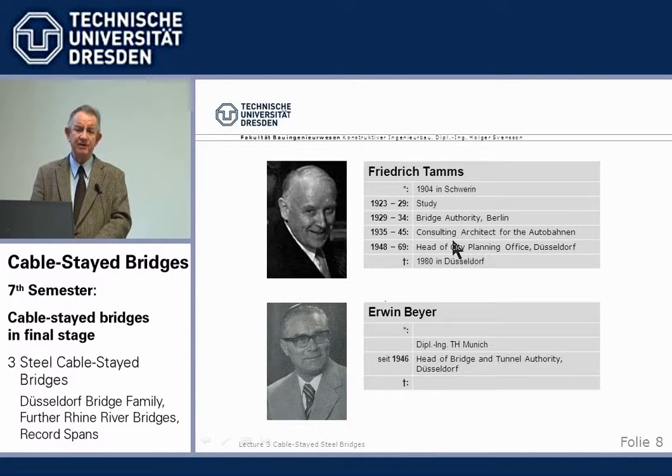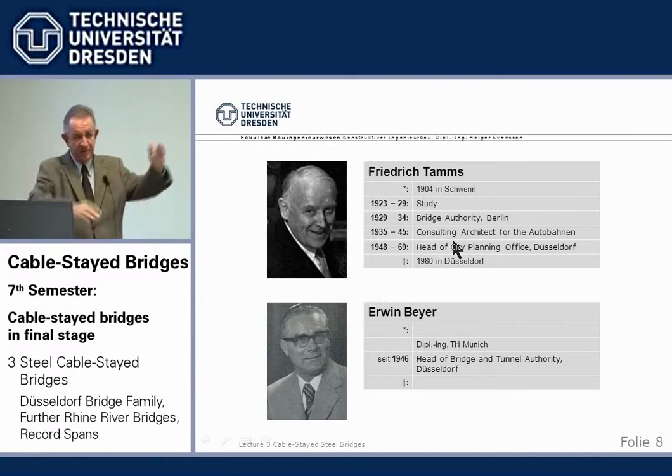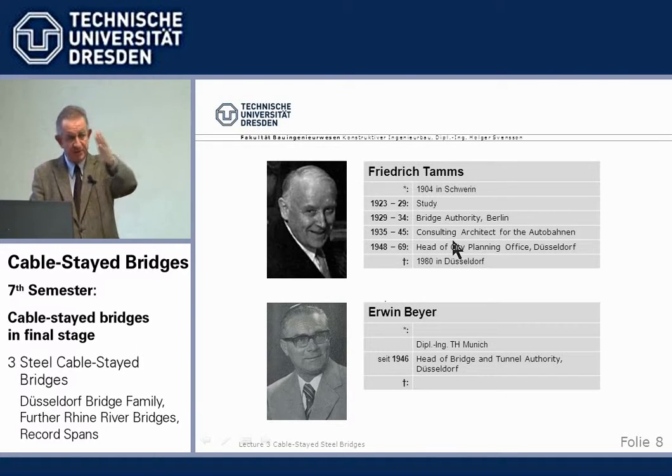So they should all have the cables in parallel, in harp arrangement. And then he said, for the suspension bridges, where we had the towers as frames with a cross on top because we have heavy wind from the main cables up there, I don't want that anymore.